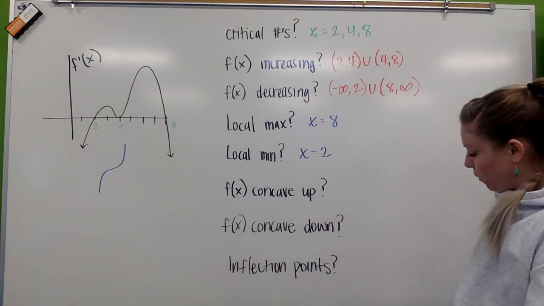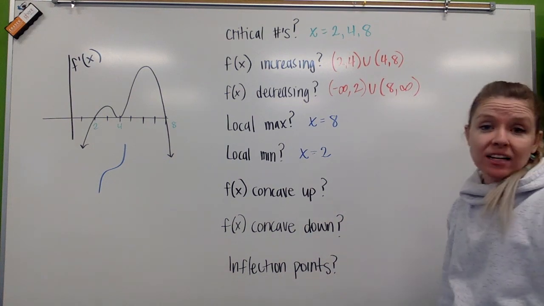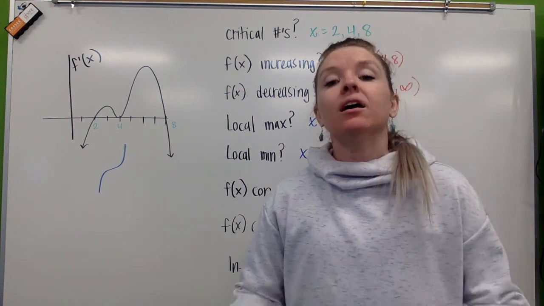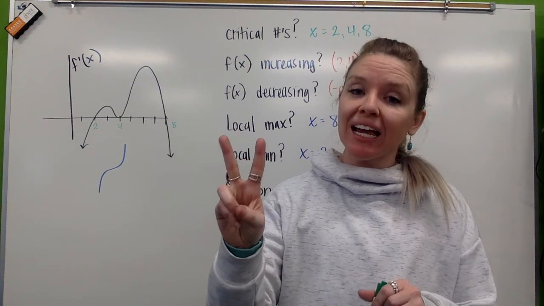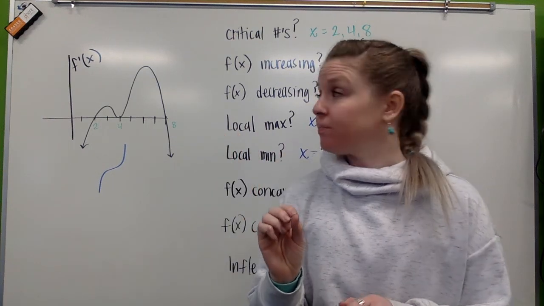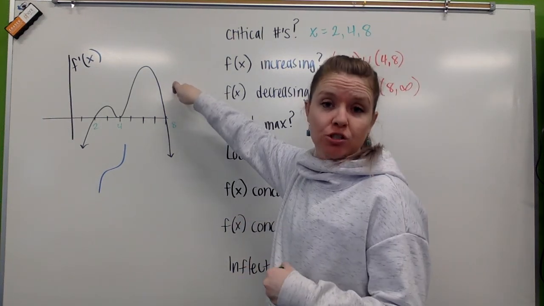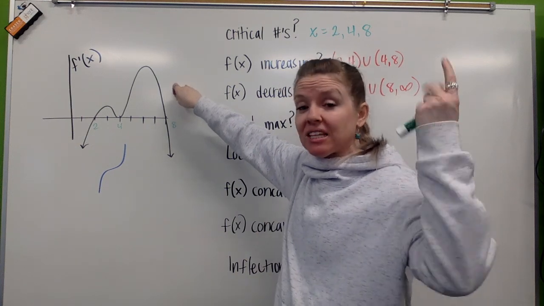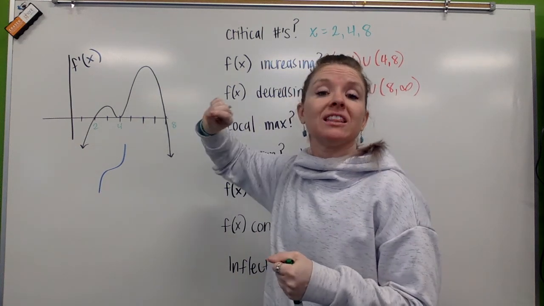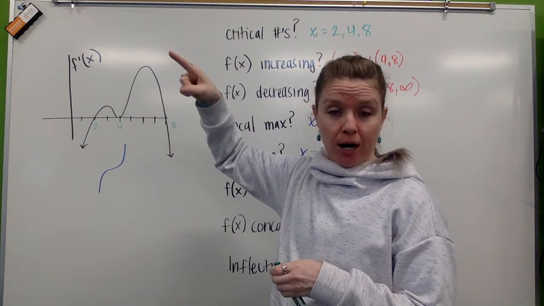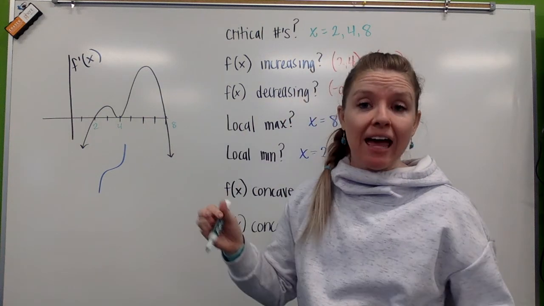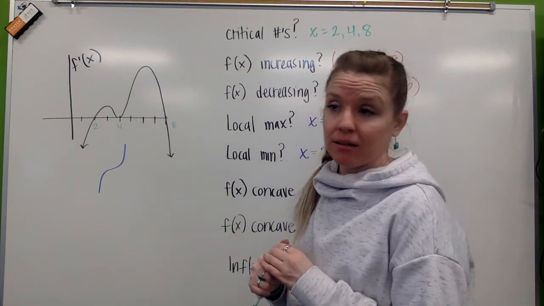Okay, moving forward. When is f of x concave up? Concave up happens when the second derivative is positive. I'm looking at the first derivative, but I need to think about the second derivative, so we're going to look at the slope of f prime. So where is f prime increasing?